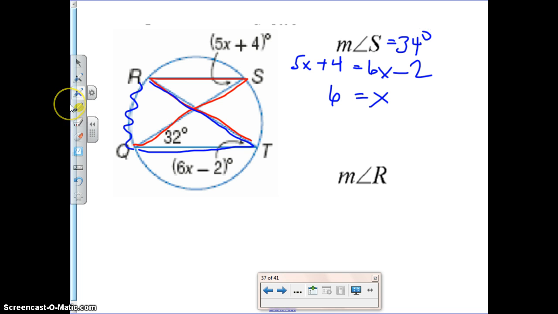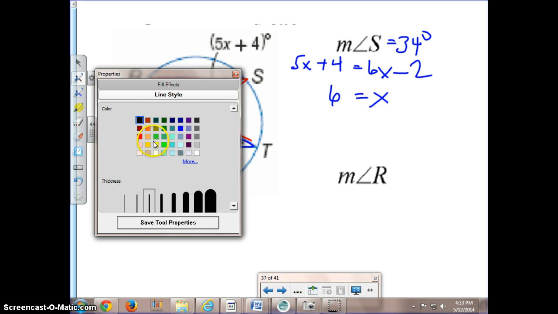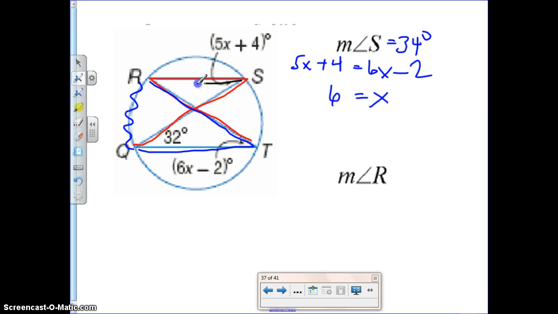And if we're going to try and find r, we can use the same sort of idea. And let's switch colors again. R, this angle will be the same as this angle, and good news, we already know what that angle is because they share this intercepted arc, which means r will be 32 degrees.